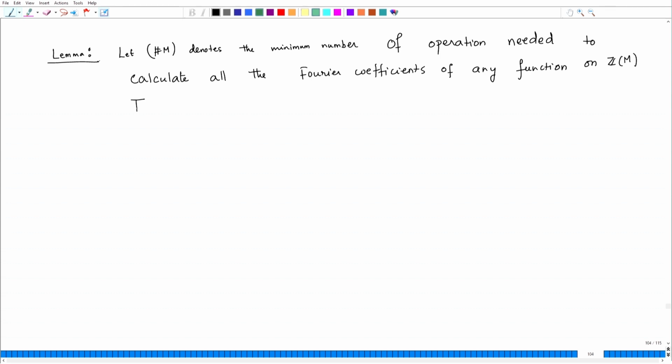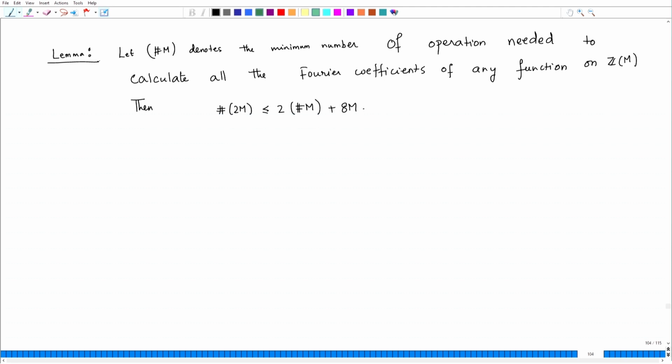Then the number I need to calculate the Fourier coefficients for a function on Z 2 m is less than or equal to 2 times the number for m plus 8 m.